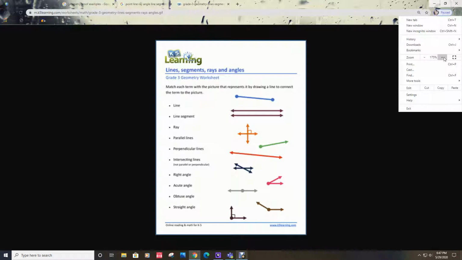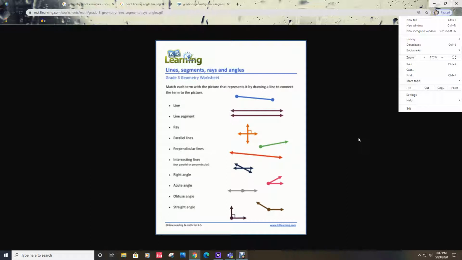Line segments, rays, parallel lines, perpendicular lines, intersecting lines, right angles, acute angle, obtuse angle, straight angle, and all of these here. Obviously, this is like a lower grade thing, where you're matching them up, but you still are going to be going over those foundations again in geometry.